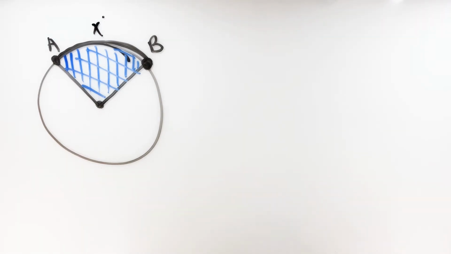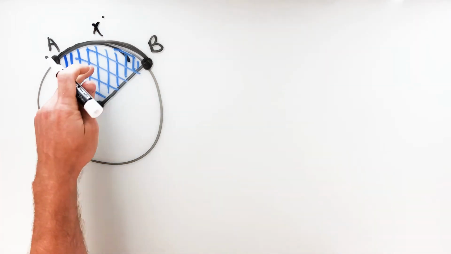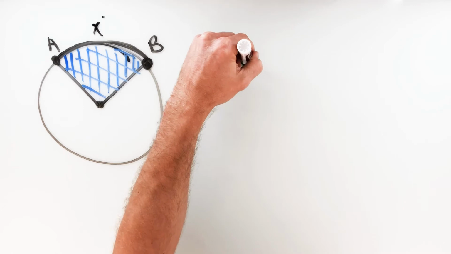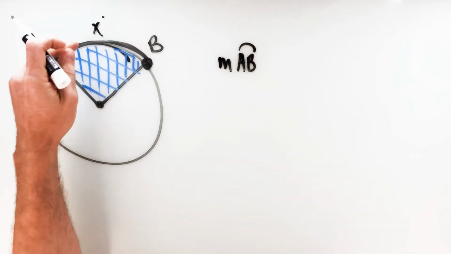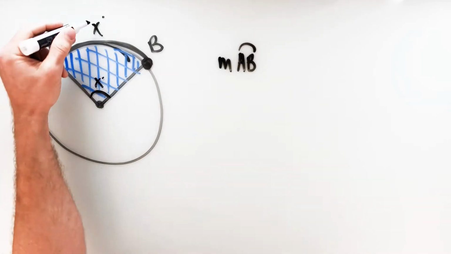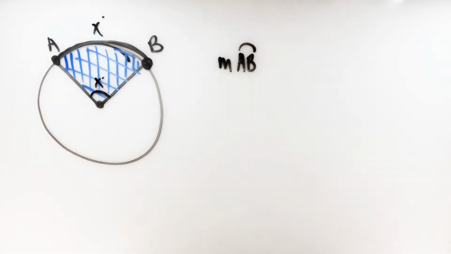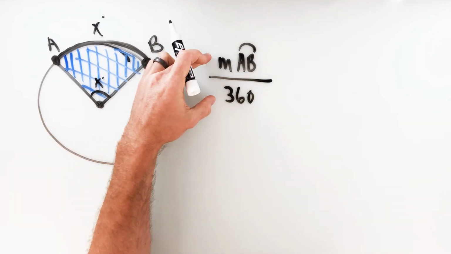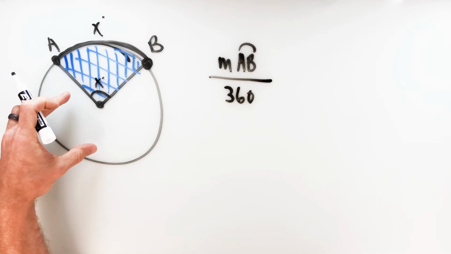So to find the area of just a sector, we're going to find the measure of arc AB, whatever that angle measure is, and don't forget that the measure of the central angle is the same as the measure of the arc. So if I know that central angle measure, that is the measure of the arc. I'm going to take that measure over 360, so that tells me what fraction of the circle I'm dealing with.